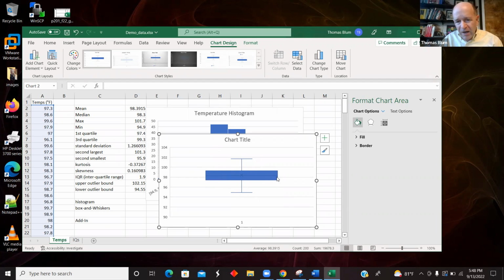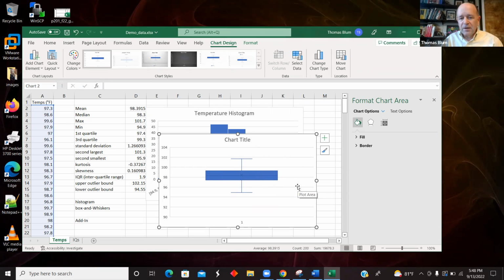So that's the whisker part. And then the box goes from our first quartile on the bottom to our third quartile on the top. The line through the middle is the median, and the X is the mean. So it's showing us a number of statistical measures in this nice little visual package once you get used to looking at it: the min, the max, the first quartile, the third quartile, the median, the mean.